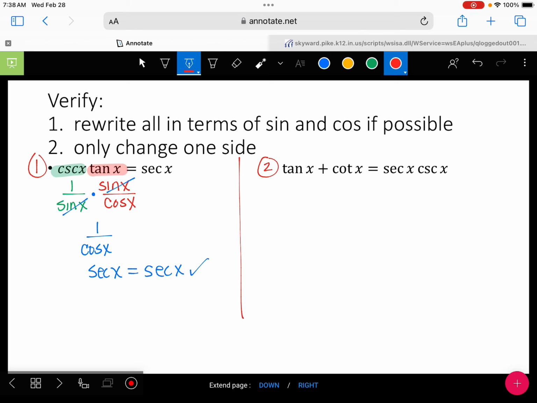So then the only thing I would want you to show me is that this breaks apart to 1 over cosine and 1 over sine, which becomes secant cosecant. But that's good.